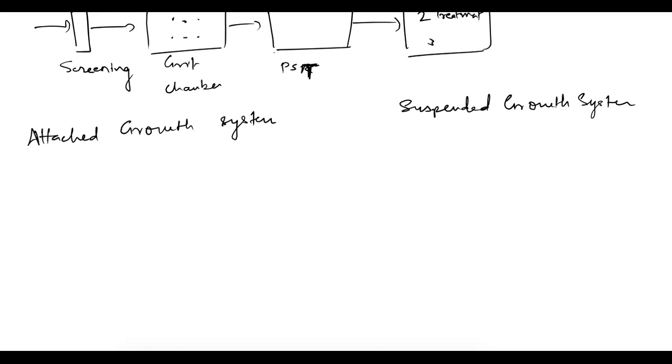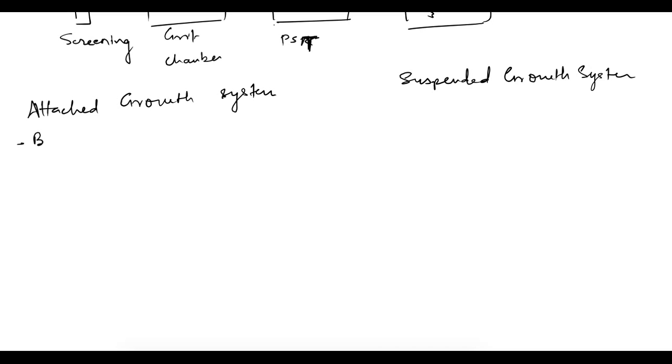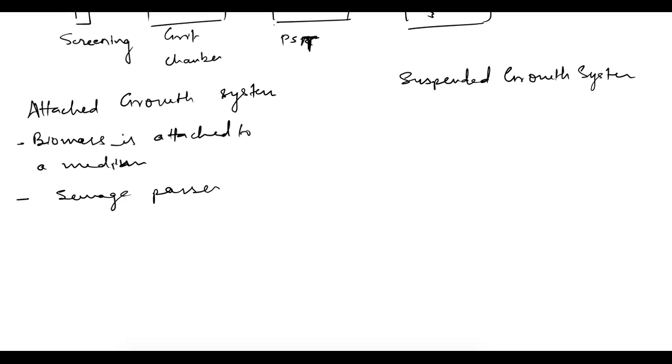In case of attached growth system, the biomass which is there is attached to a medium, and the sewage passes through this medium and clarification or treatment happens.